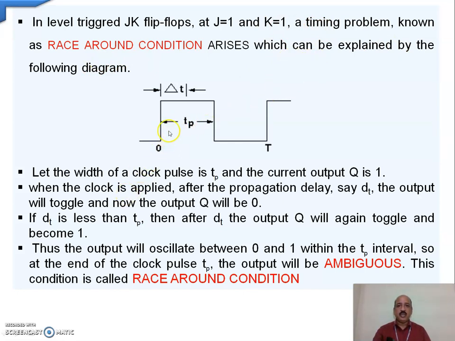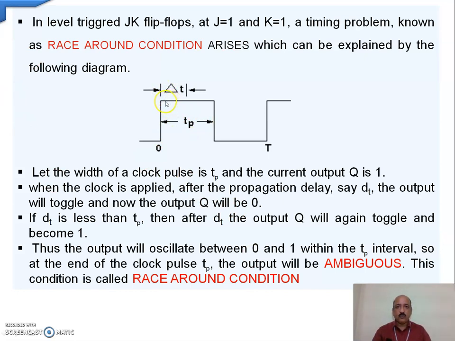Here, when the clock is applied, after the propagation delay, say delta t, the output will toggle and now the output will be 0. If delta t is less than Tp, then after the delta t, the output Q will again toggle and become 1. That is, during this width Tp, the delta t simply repeats.